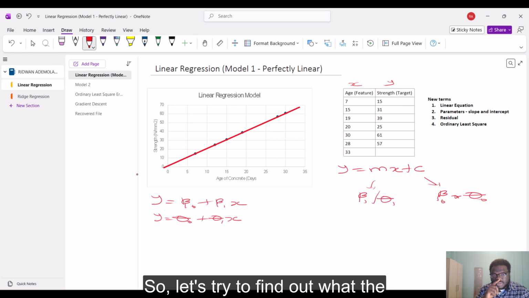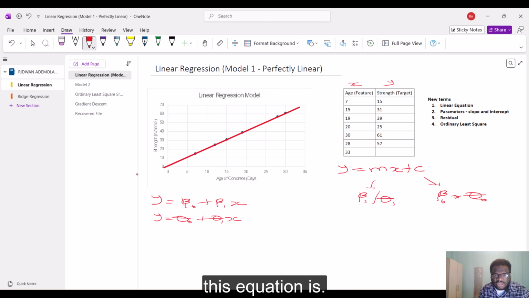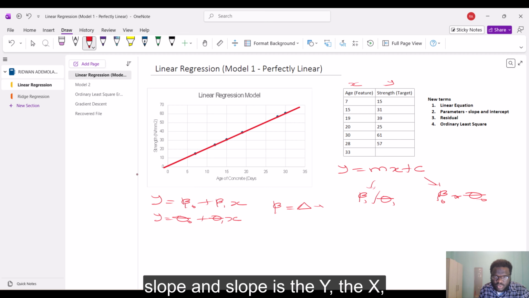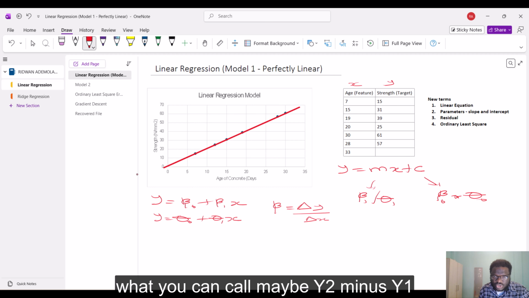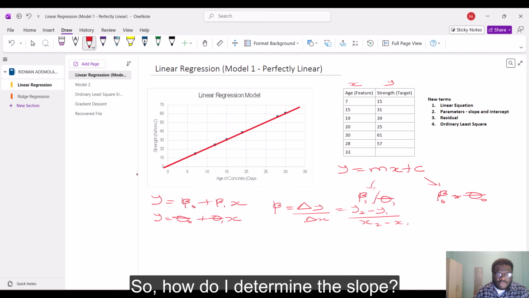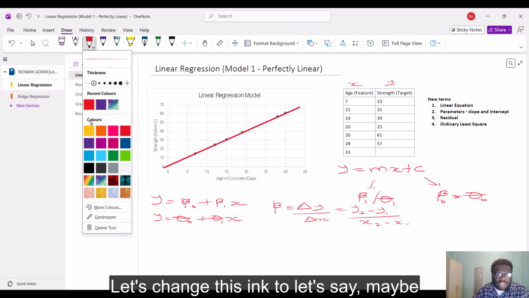Okay, so let's try to find out what the beta naught and what the beta 1 of this equation is. As you know, beta 1 is simply the slope, and slope is the change in y over the change in x, what you can call maybe y2 minus y1 over x2 minus x1. So how do I determine the slope? Well, it's quite easy. Let's change this ink to, let's say, maybe purple.